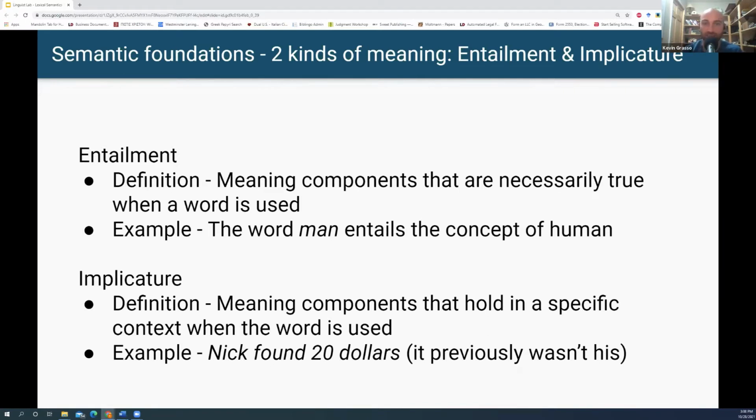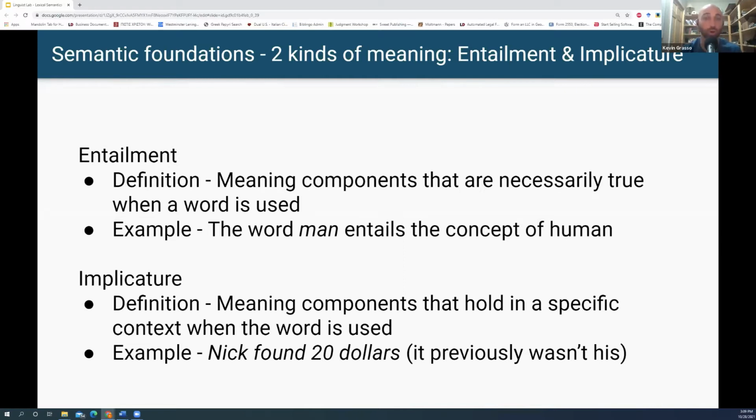That doesn't necessarily hold. It's not necessarily true that the $20 he found wasn't his, but we have this inference, basically coming from the word found, that what he found was not previously his, and this is cancelable. So given the right context, this inference will not hold. So this is implicature, and it's in the field of pragmatics.